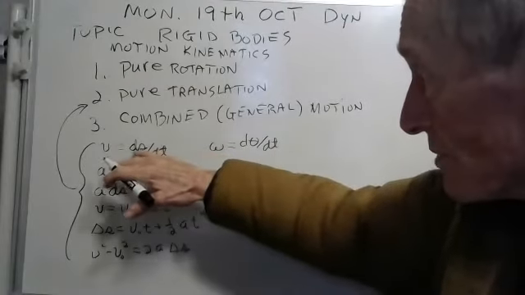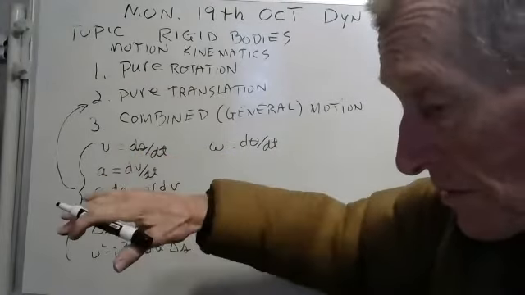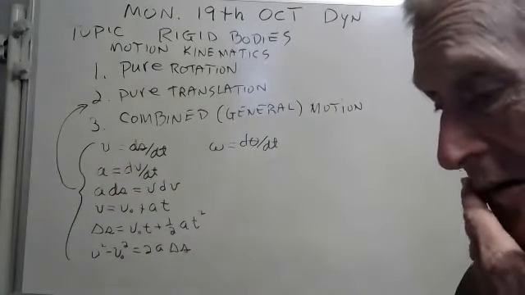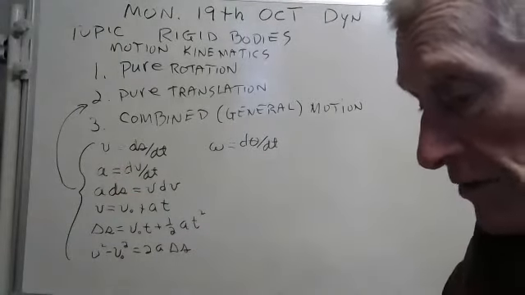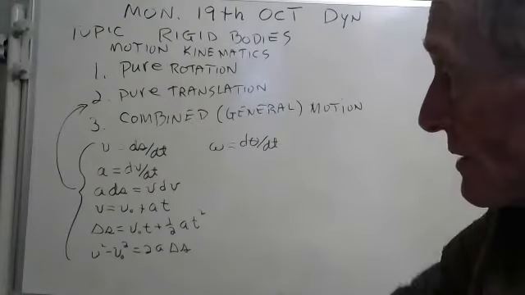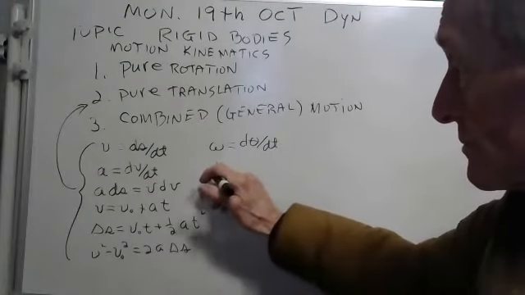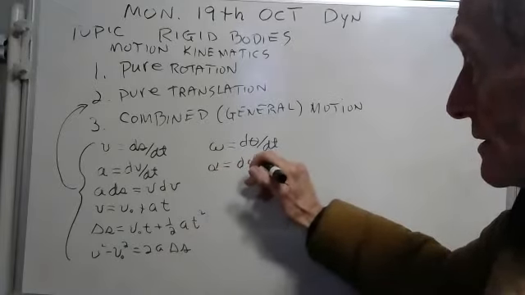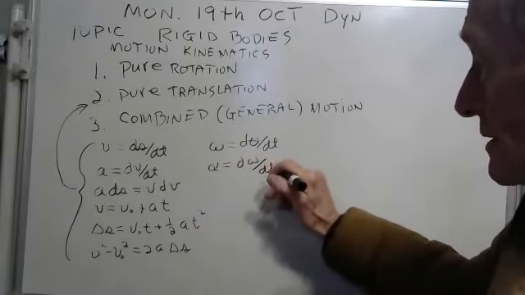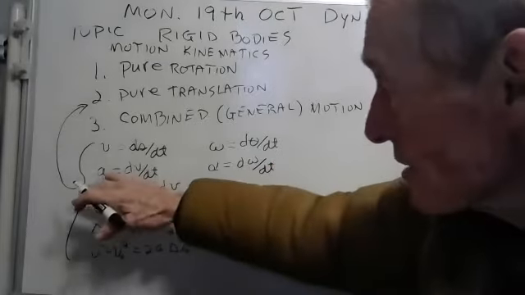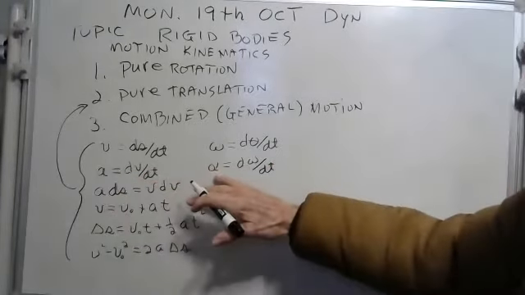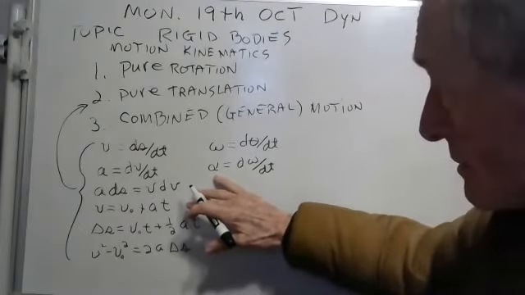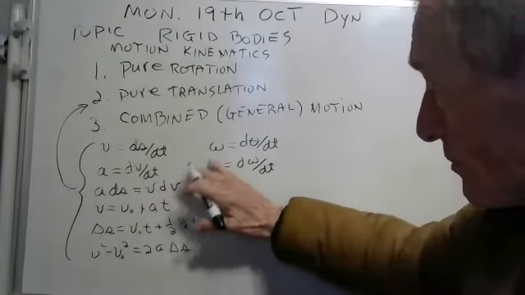And instead of the change in linear distance, it's the change in your angle, your angular displacement. This is linear acceleration. This is angular acceleration. It's a Greek letter alpha. Can you read my writing?